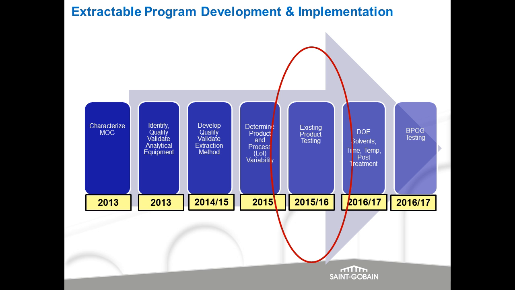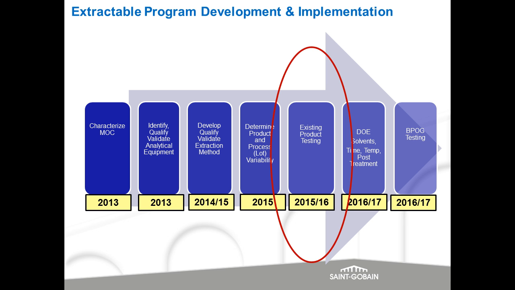In 2014 and 15, we really focused on developing, qualifying, validating different extraction methods and trying to come up with a standard that we felt had the lowest level of variability. Then we focused in this year on determining product and process variability, really lot to lot, within lot, and within the analytical equipment. Through the second half of this year and through next year, we will complete our existing backlog of product testing using our standard test format.